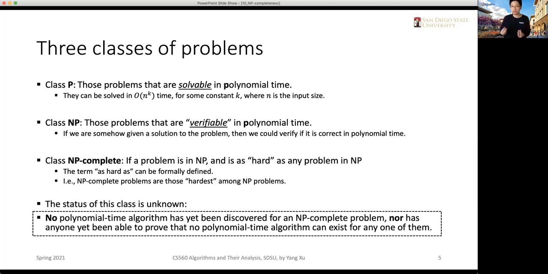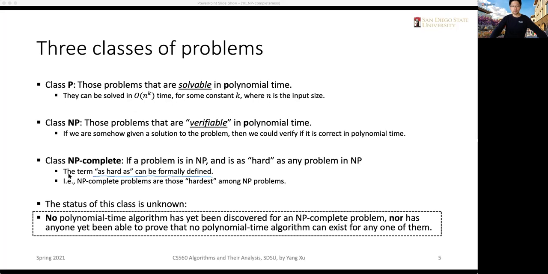No one has solved any NP-complete problem with polynomial time, nor has anyone been able to prove it doesn't exist. If somehow you can find a polynomial solution to any NP-complete problem, you basically solve all the NP-complete problems, because the difficulties of different NP-complete problems are actually dependent on each other.